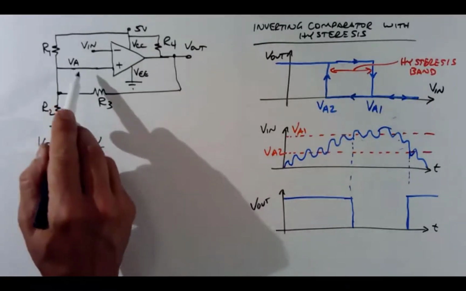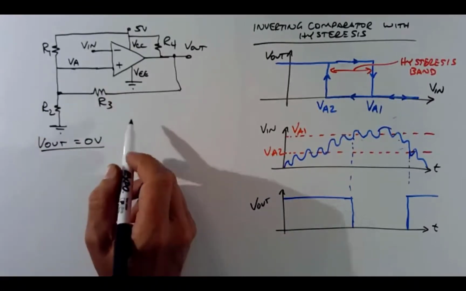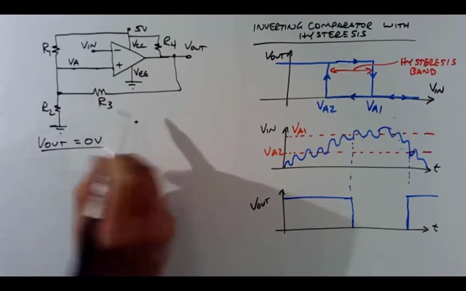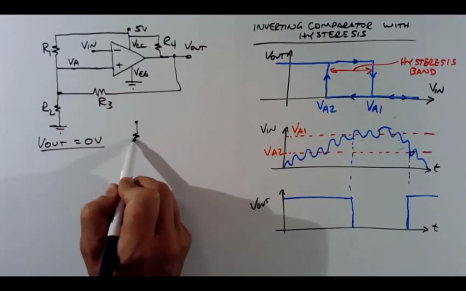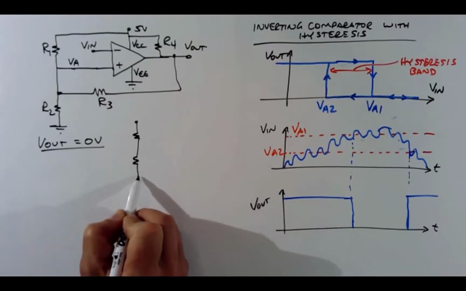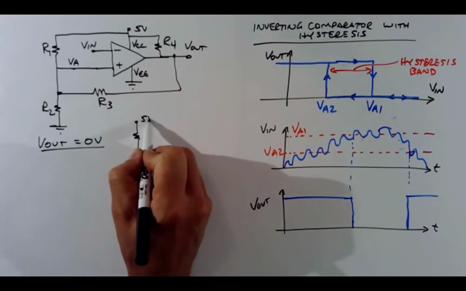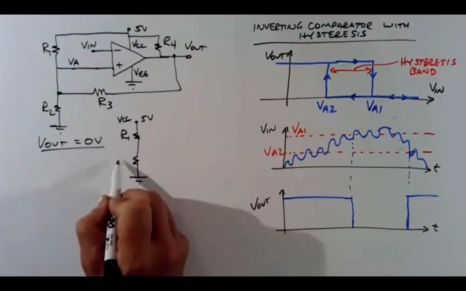Well, in this case, let's isolate VA from the circuit. Let me redraw this a bit. I have a series R1 and R2, going from 5 volts to ground, VCC to ground.